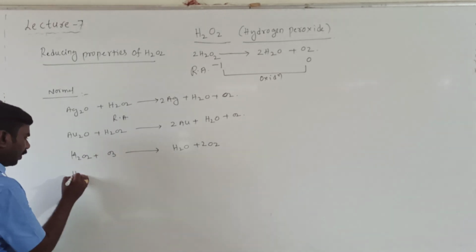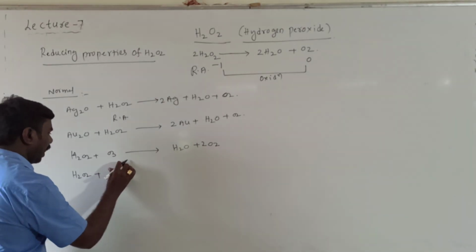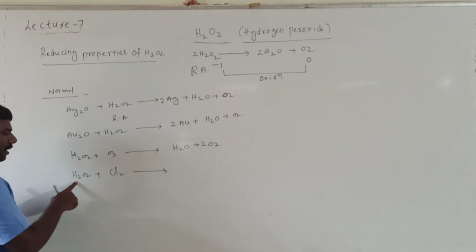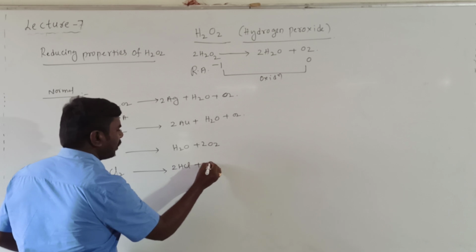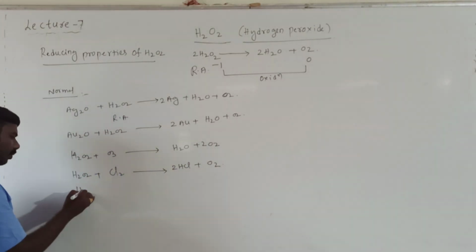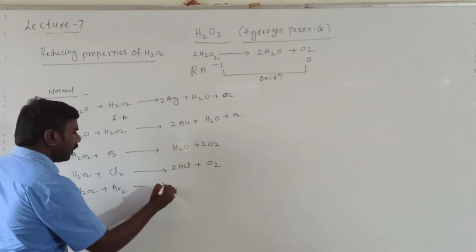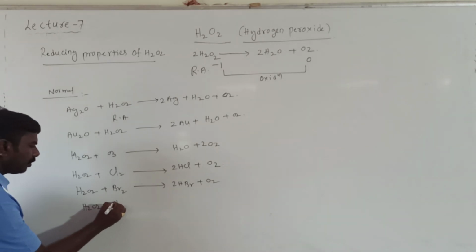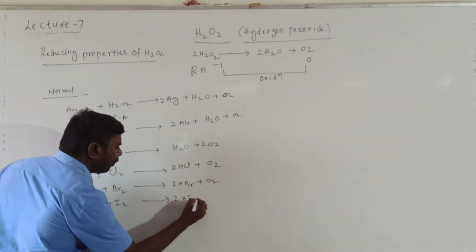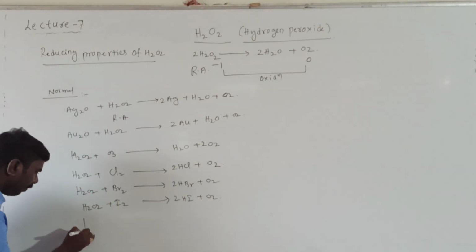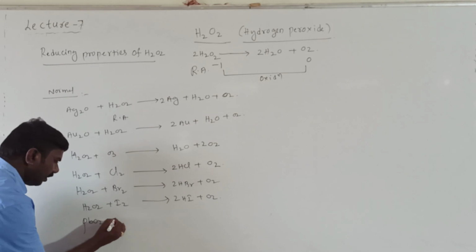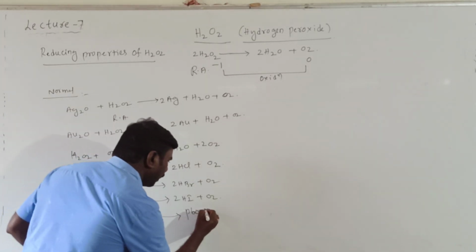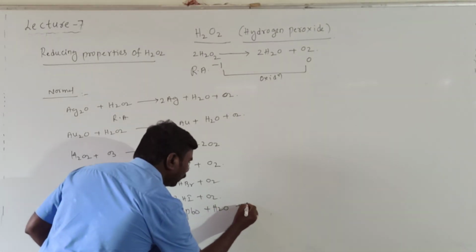Next, H2O2 reacts with halogens like fluorine, chlorine, and gives rise to 2HCl plus O2. H2O2 plus Br2 gives rise to 2HBr plus O2. H2O2 plus I2 then gives rise to 2HI plus O2. Next, PbO2 peroxide with H2O2 is converted into PbO, normal oxide, plus H2O plus O2.